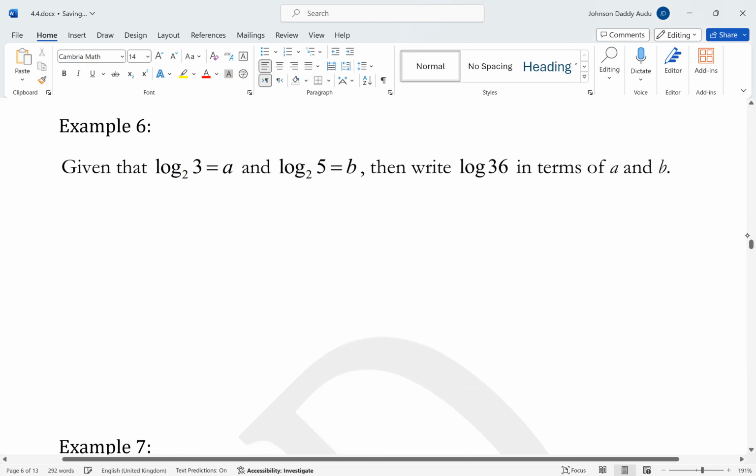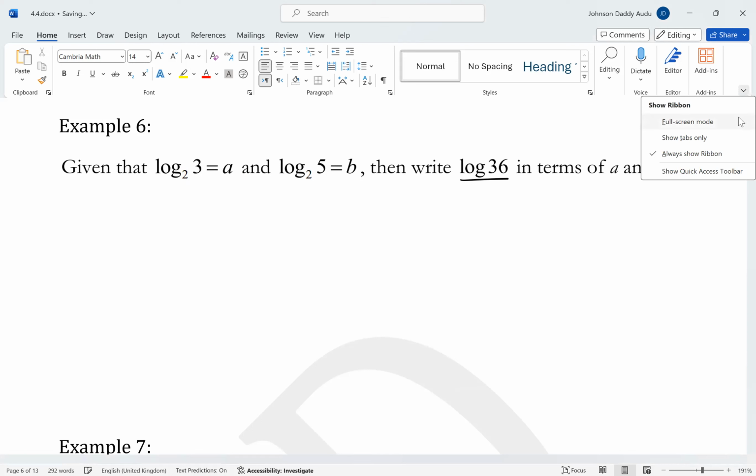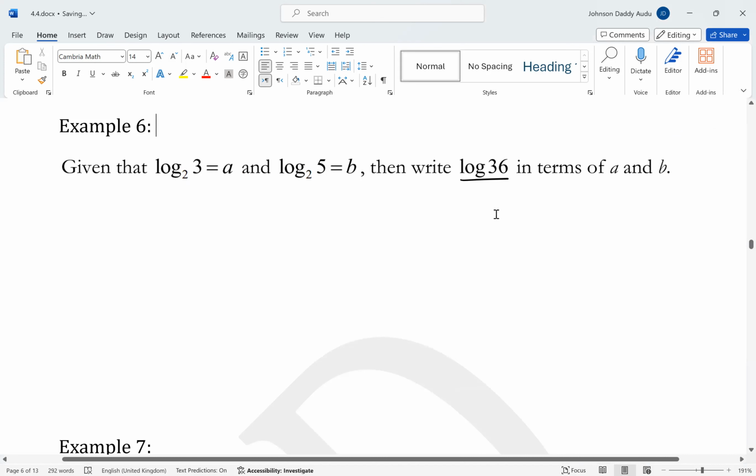It says, given that log to base 2 of 3 is a, and log to base 2 of 5 is b, we want to write log to base 10, because you can see that the base is missing. So that simply means that we are dealing with base 10, right?